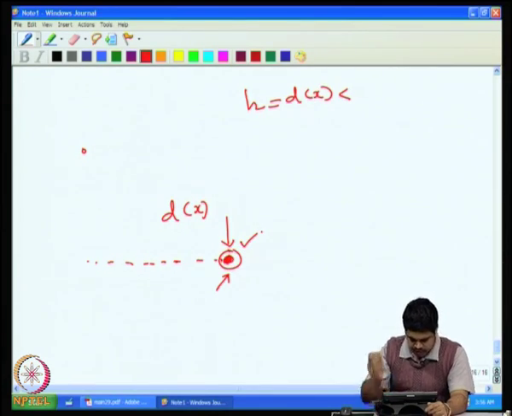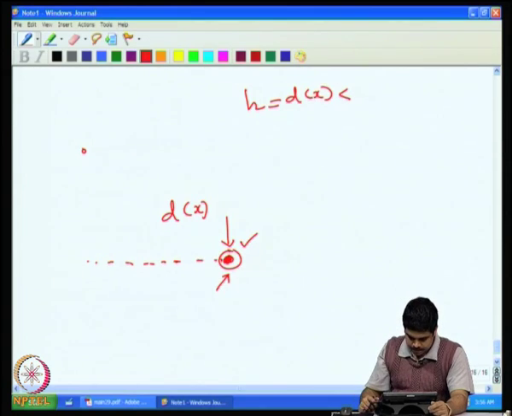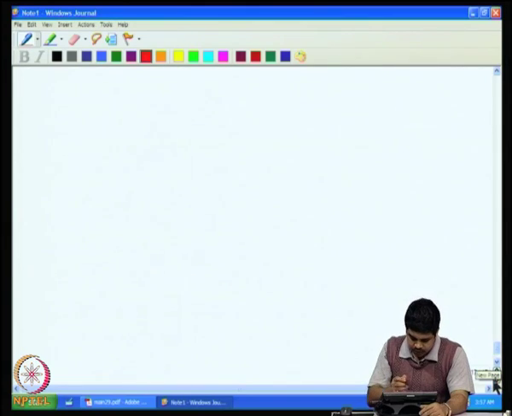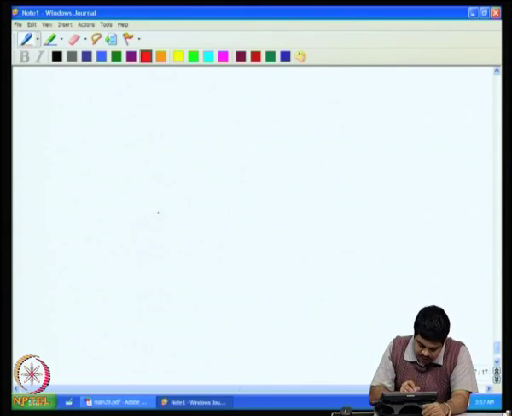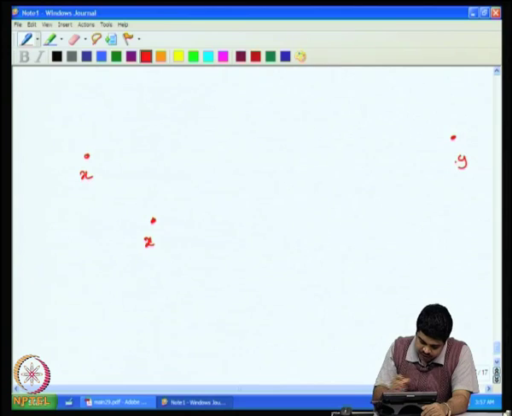So, what we can do is we look at x, and in the Hamiltonian path we have seen x and y.